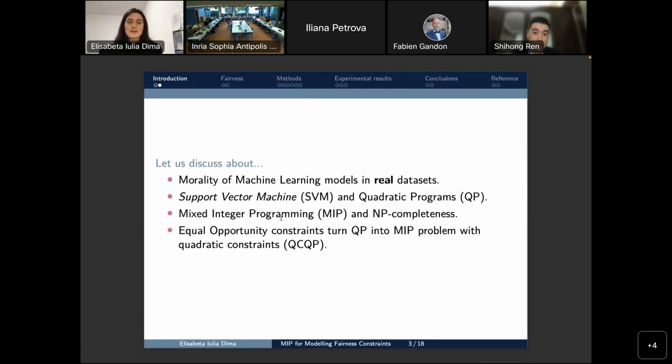Well, it is because the solution that we provided for this topic is turning this quadratic program, which is pretty simple, into a mixed integer program with some quadratic constraints, due to the fact that we also introduced the equal opportunity constraint that I will mention in the next slides.